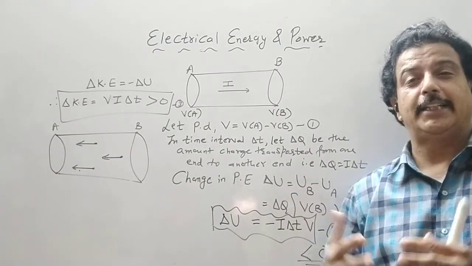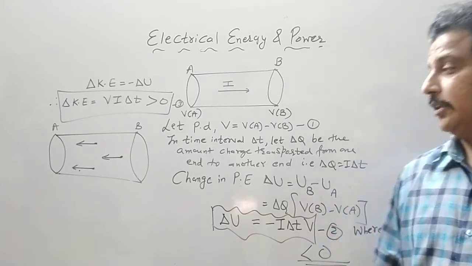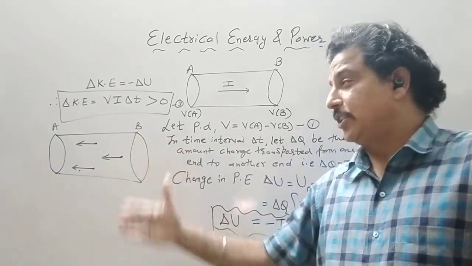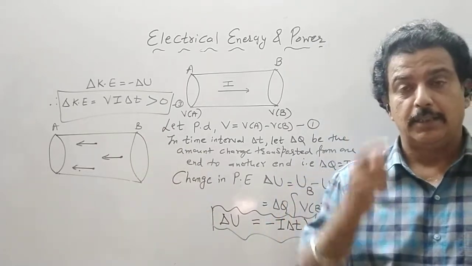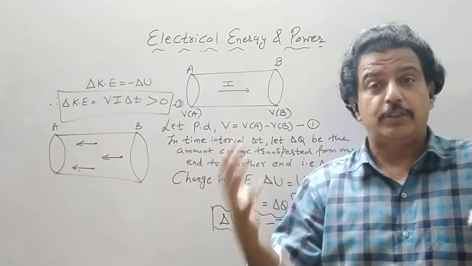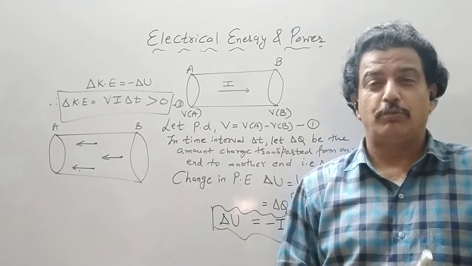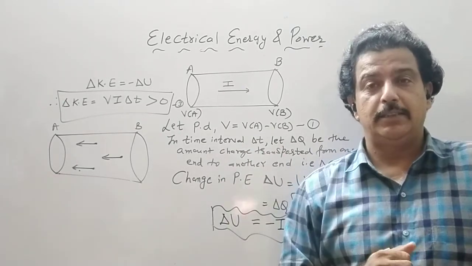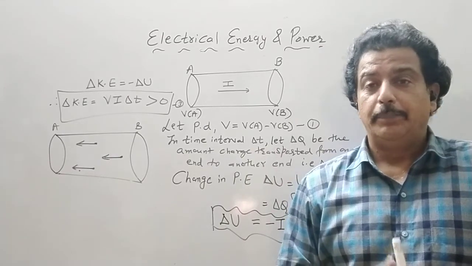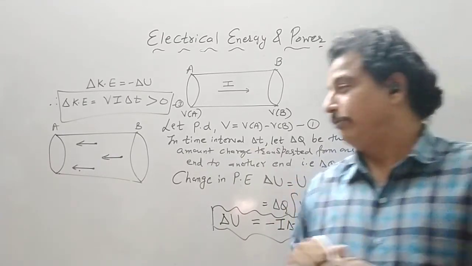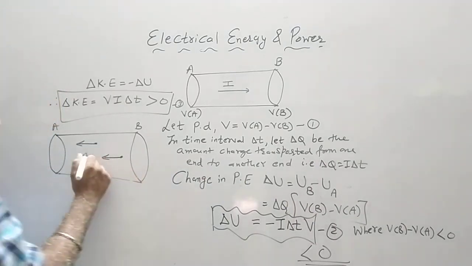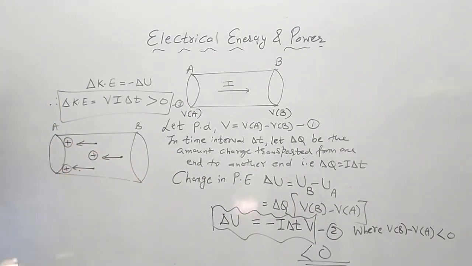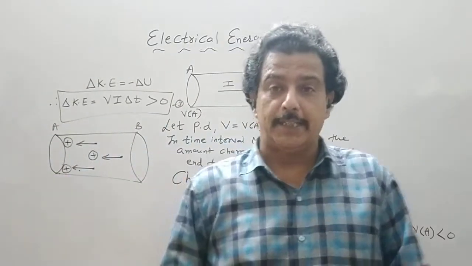As the electrons' kinetic energy increases, their drift velocity should increase.